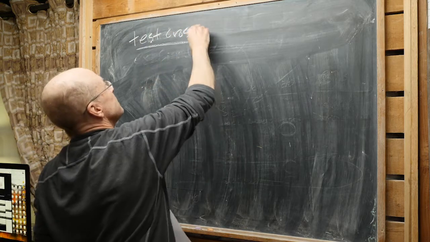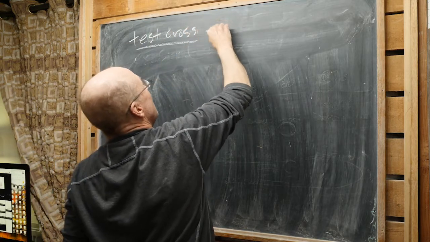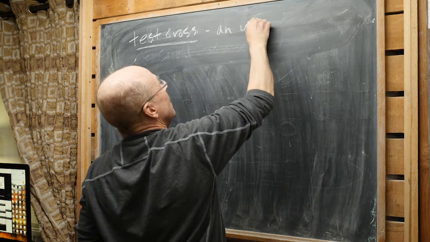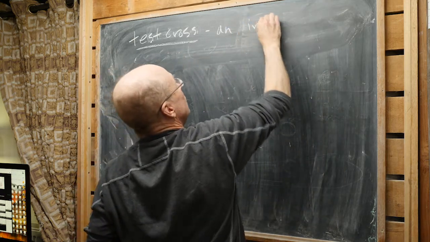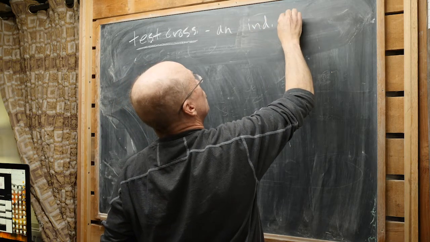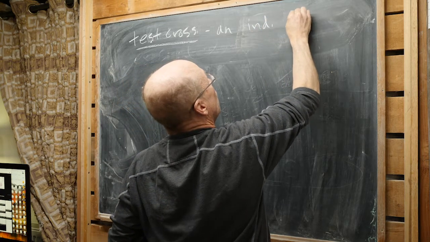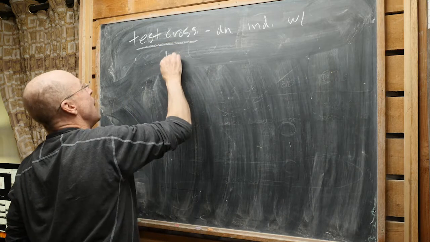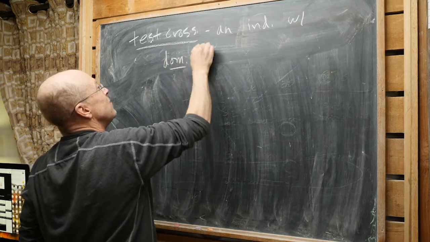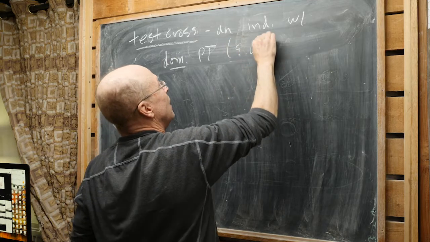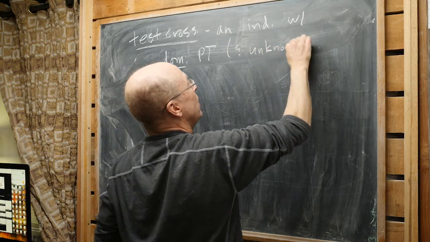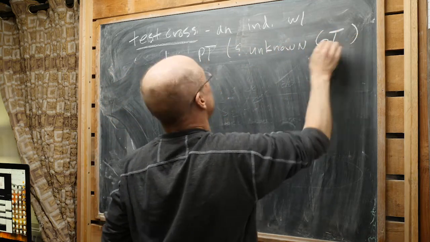So a test cross is an individual with a dominant phenotype and, of course, unknown genotype.